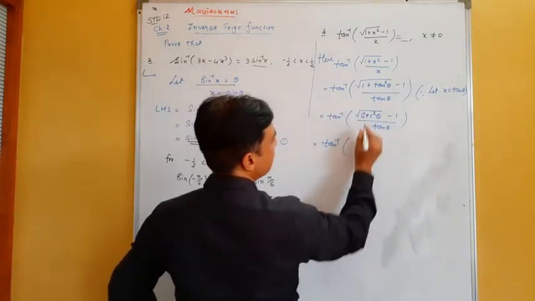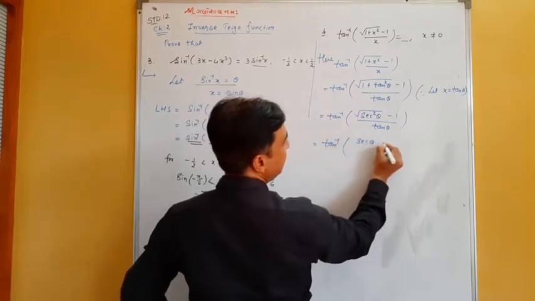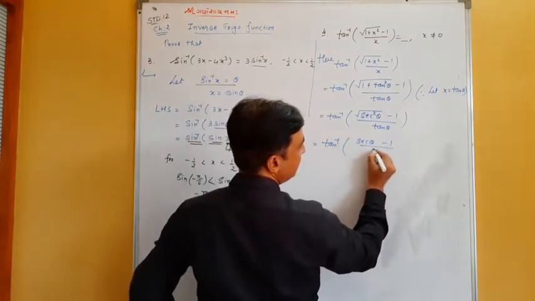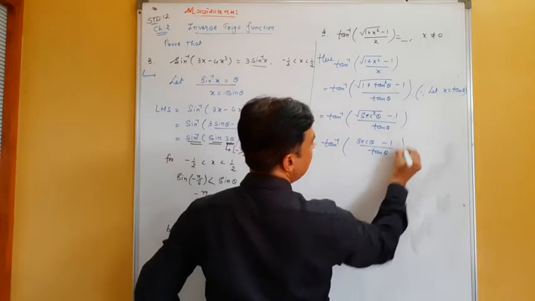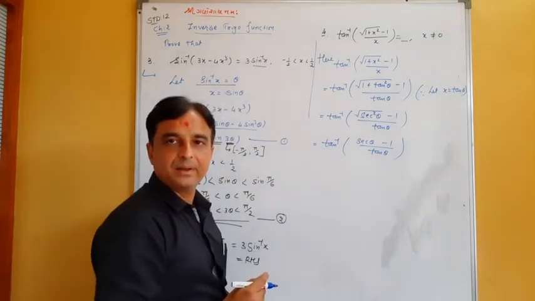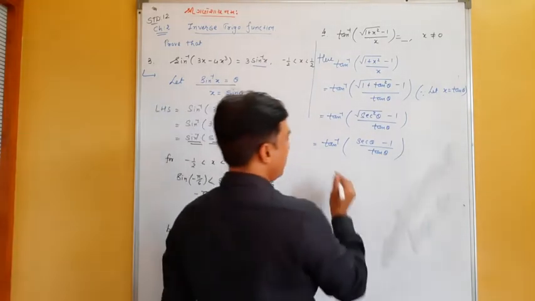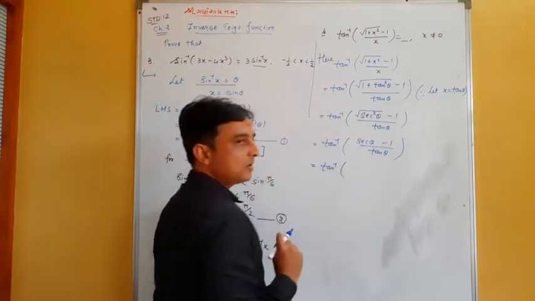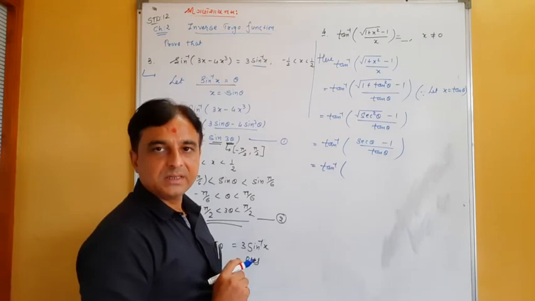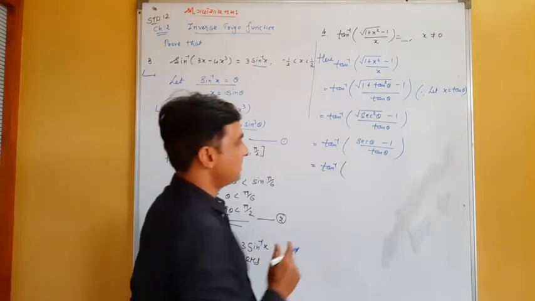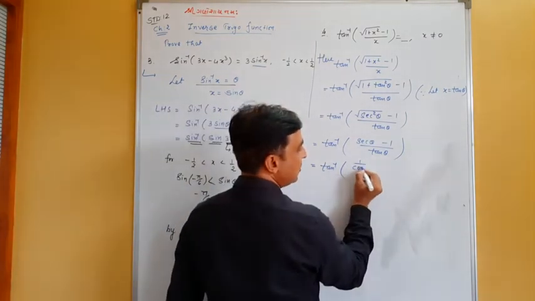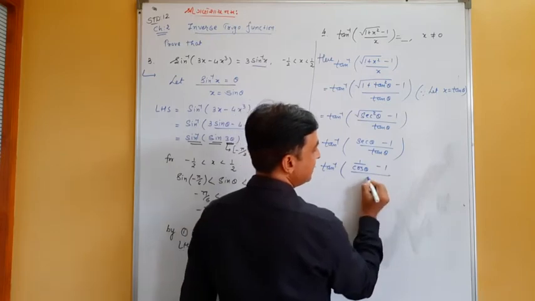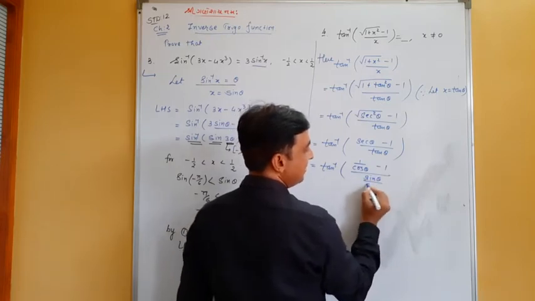So tan inverse of (sec θ - 1)/tan θ, since the square root of sec² is sec θ. Right? Now convert it into sine and cos: (1/cos θ - 1)/(sin θ/cos θ).